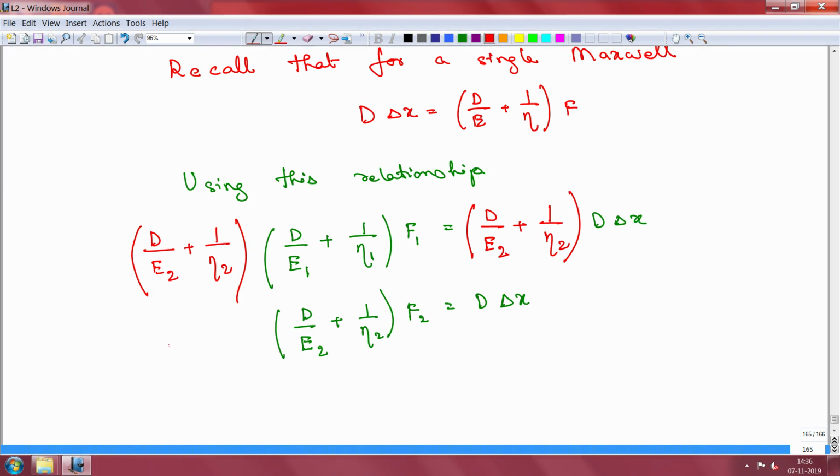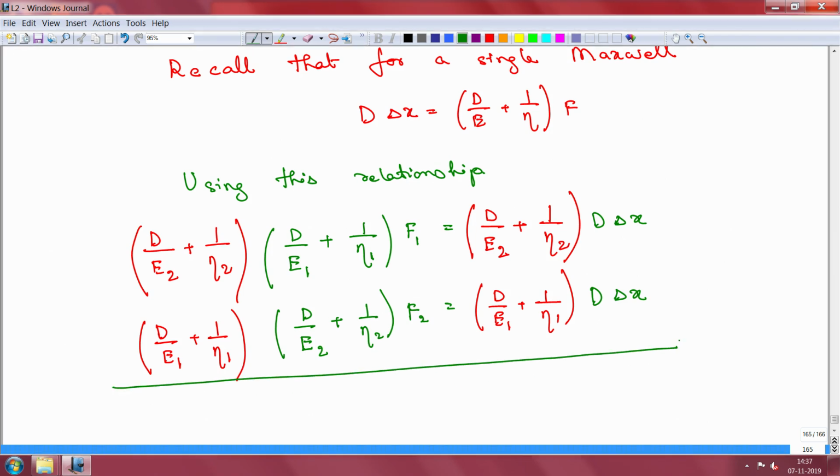Similarly, I have to multiply this side now by E1, and I do the same thing here. Sorry, this is eta 1 times of d delta x. Okay.